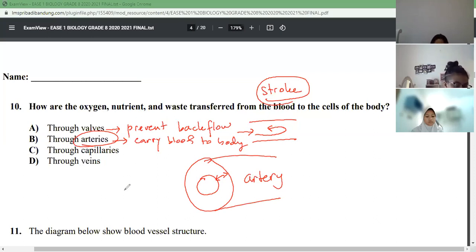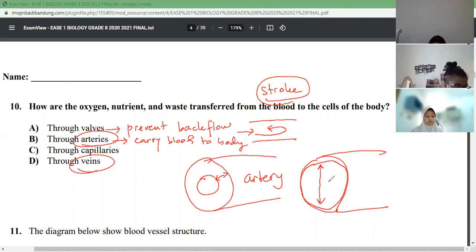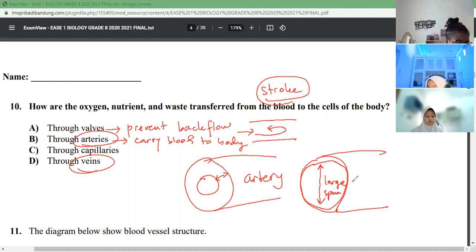And then how about the veins? Veins are also the size of the artery, but have a quite thinner wall and larger space like this, right? Large space. But the oxygen and nutrients cannot leave the veins.